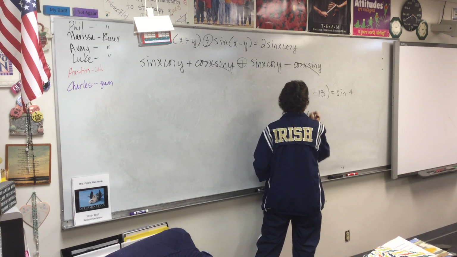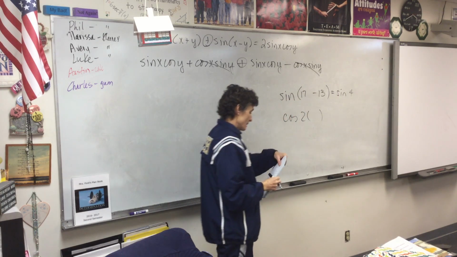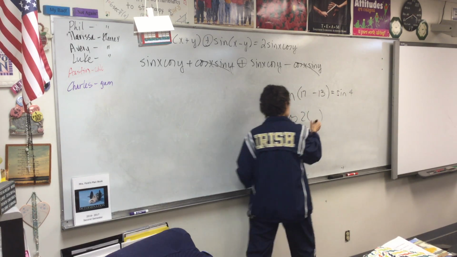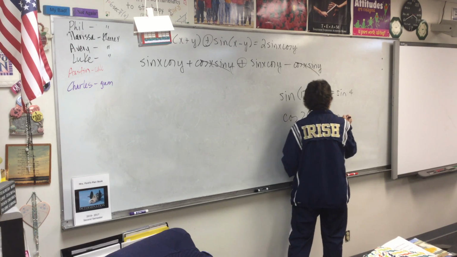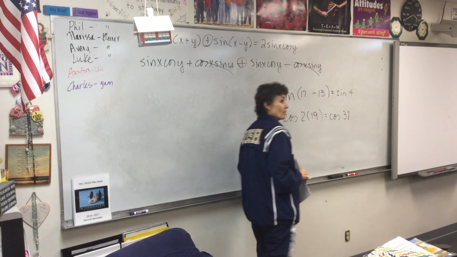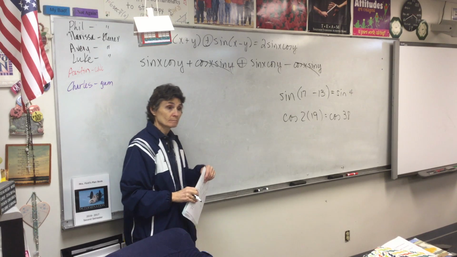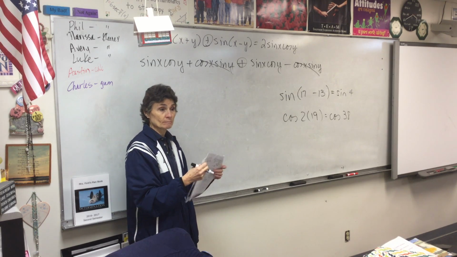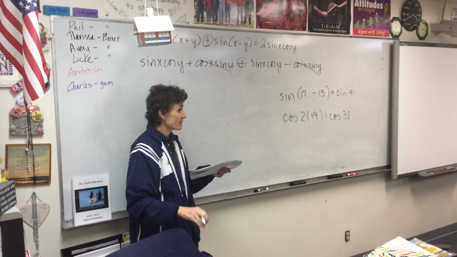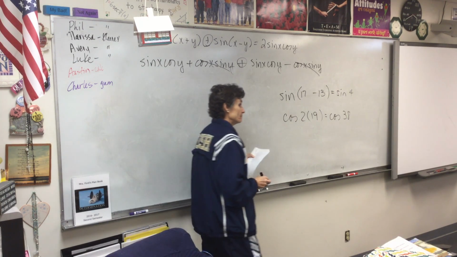It's the cosine of the double angle, and the angle is 19. So this is the formula for the cosine of 38. Everybody okay with that?